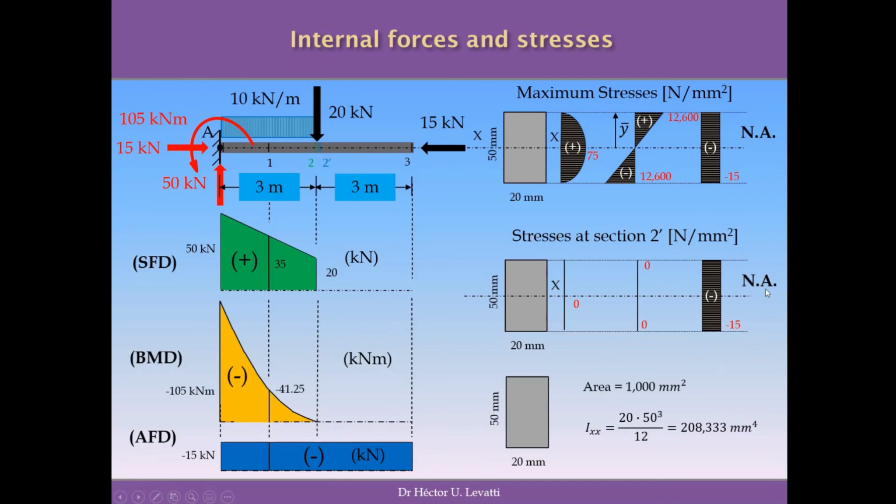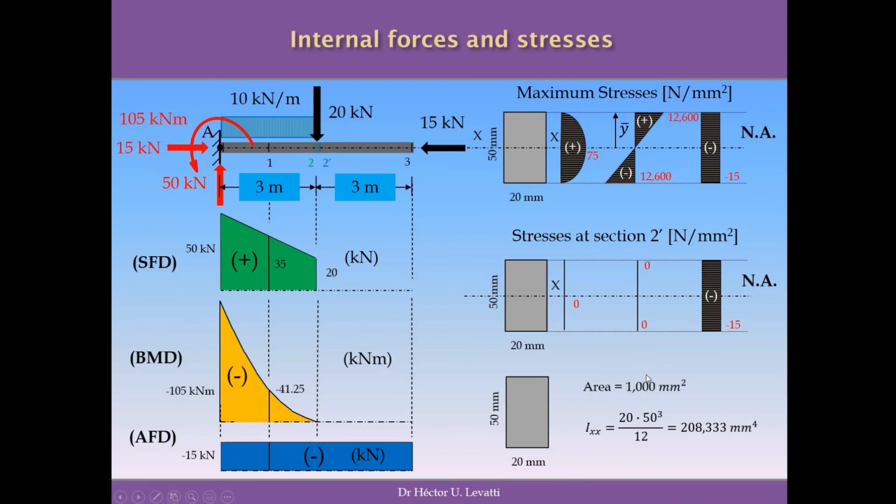So the only stress we are going to have after calculations is the compressive stress. The shear stresses and the bending stresses will be equal to 0 for this section. And the same thing will happen with every cross section from 2 prime to 3, because the situation is exactly the same: no shear force, no bending moment, only compressive forces applied to these cross sections.